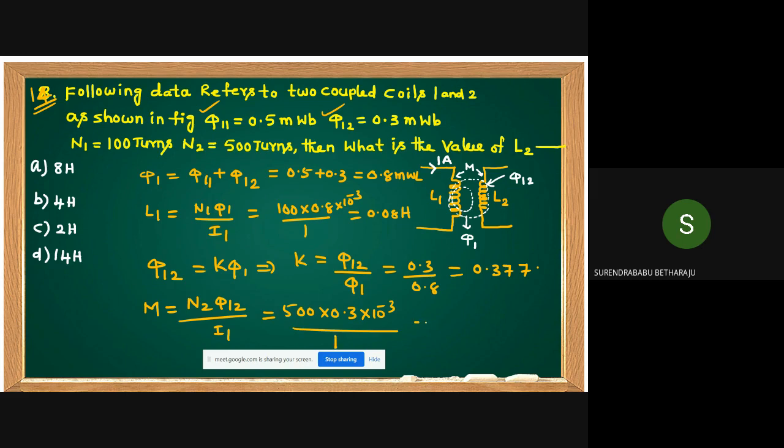I1 is 1 ampere. Please simplify this one. I think you can get 0.15 Henry. Is it correct?